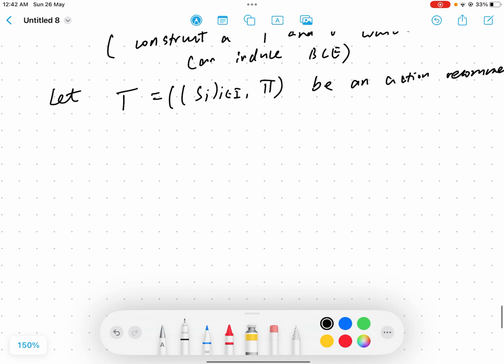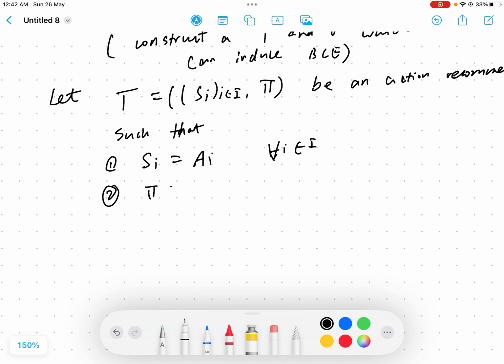Okay, so it means that in this way, first, the SIs equal the AIs, for all the i's. And secondly, the pi is the V itself.